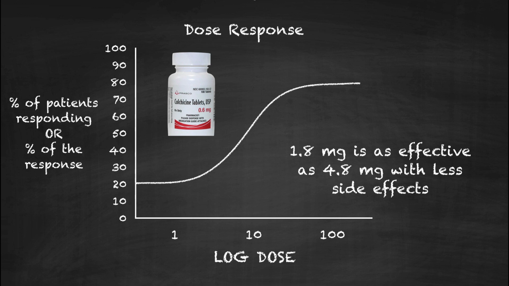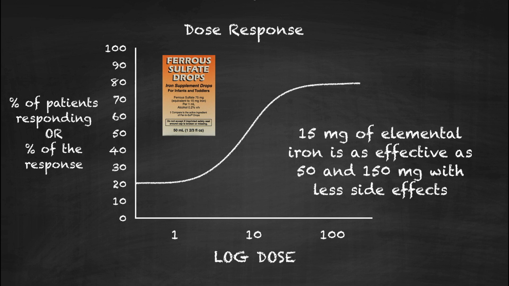And interestingly, a number of years ago, a company that was looking at licensing or relicensing colchicine tablets decided to do a study to show that a lower dose was just as effective for acute gout. And they showed that 1.8 milligrams was just as effective as 4.8 milligrams with far fewer side effects. Instead of getting about 70% of people not tolerating it, it went down to, I think, about 25 or 30%. So exactly the same effect with fewer side effects.